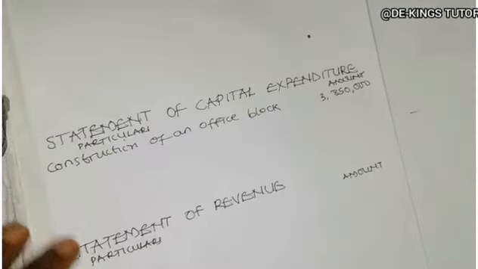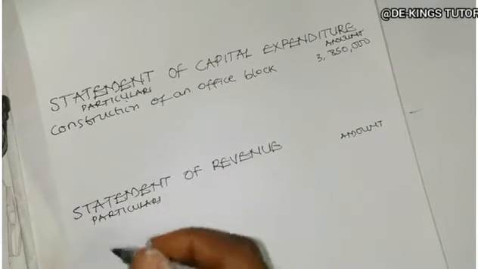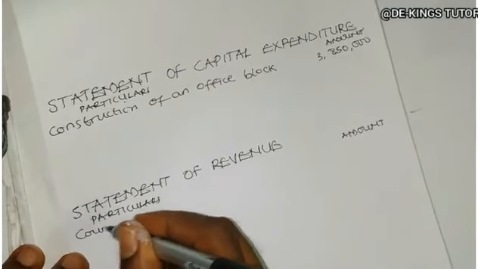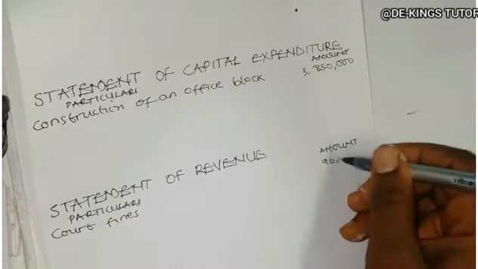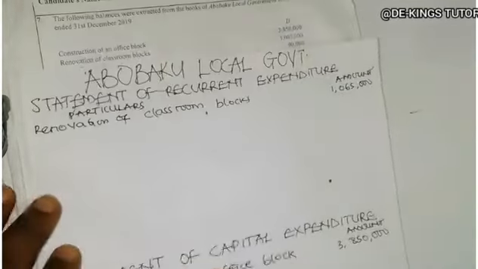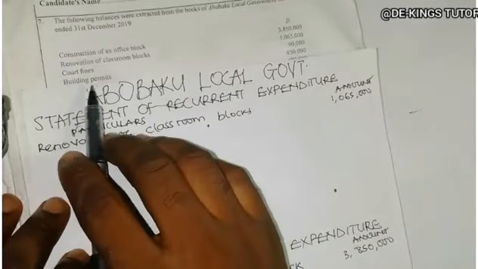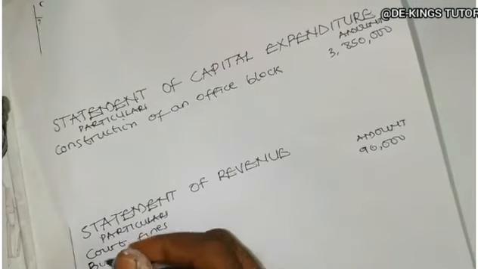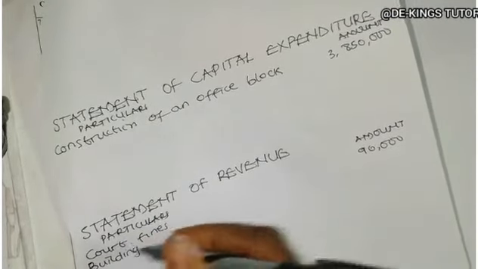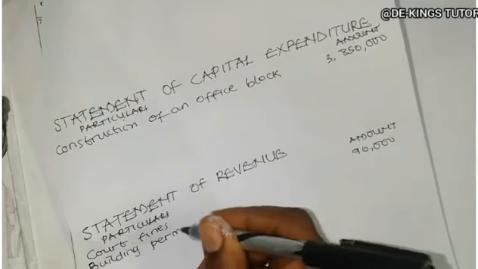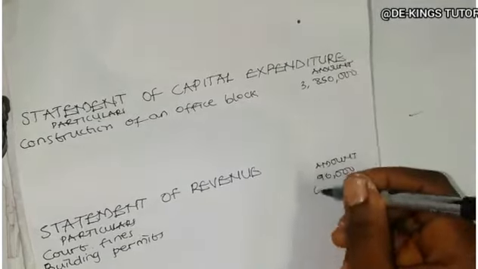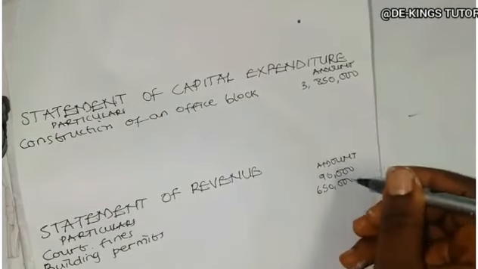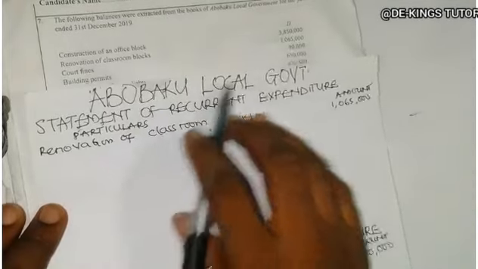The next one says court fines. Court fines is a revenue to them. So we have court fines, 90,000. The next one says building permit. They permit building, so it's also a revenue. So we have building permit, 650,000.